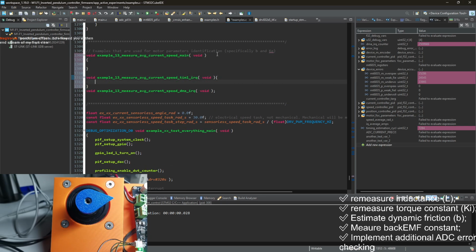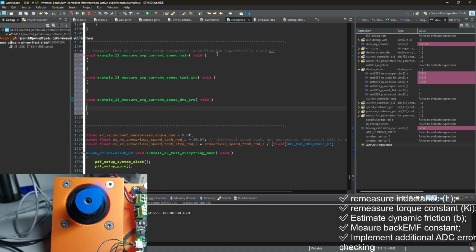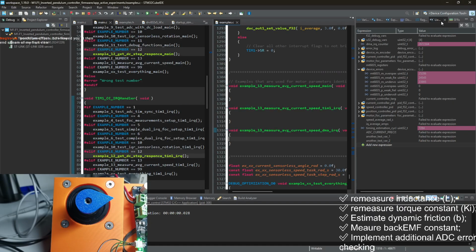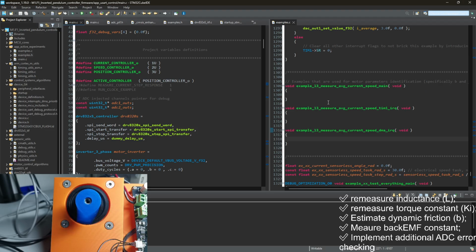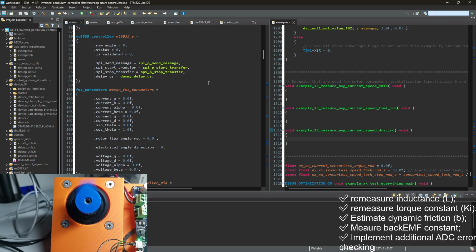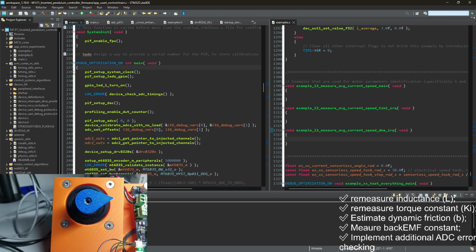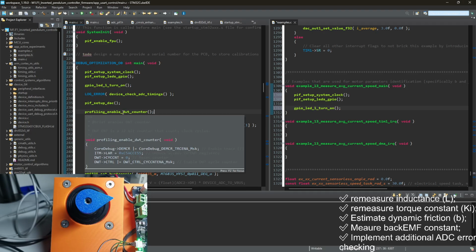So we need to copy a lot of code. Let's go to this main. Okay, and let's start copy pasting. We do need this. We don't need that. We don't need that. We don't need this.